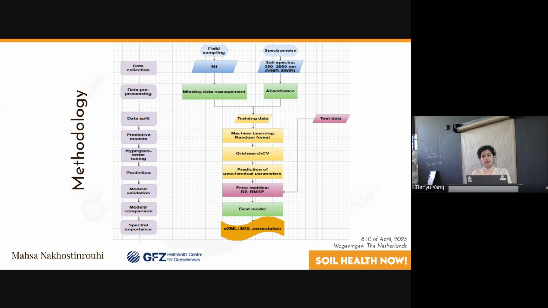And finally, the test data was used to measure the prediction of nickel in unseen data, and then they were used to validate the model based on some error metrics. And at the end, the best model was chosen, and it was used to find the most important spectral features regarding the prediction of nickel based on two methods, including mean decrease in impurity and permutation.